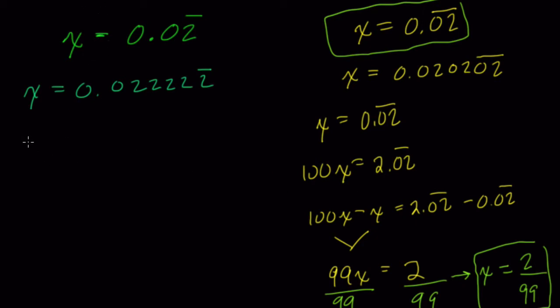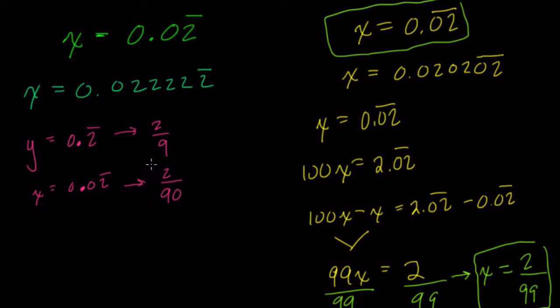So for example, if y equals 0.2 repeating, and we know that gives us 2/9, then I know x, which equals 0.02 repeating, is just 10 times smaller. This decimal has moved over one place and made it 10 times smaller. That gives us 2/90, which is 10 times smaller than 2/9, and that's the appropriate fraction.